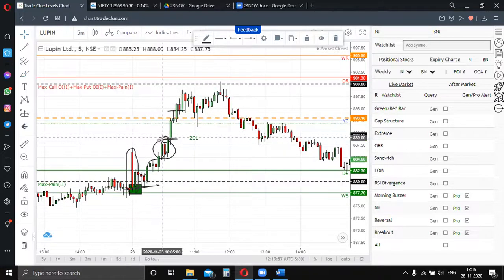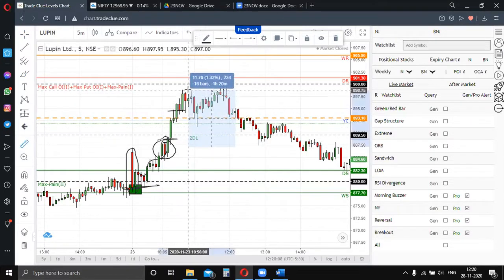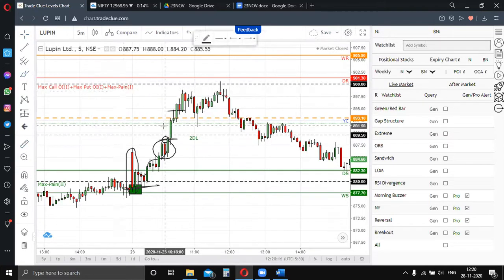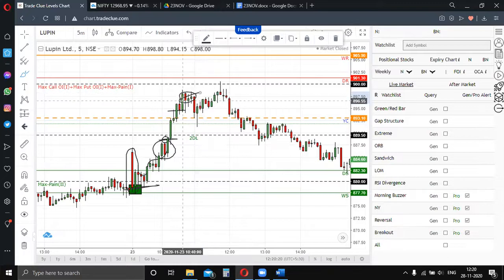See now what happened. It gave you a very smooth 1% move, somewhere more than that, and then after giving you 1.30% or so, it again started moving back. If you're not booking the profits, which I already told you to book somewhere around the 897 zone, right?